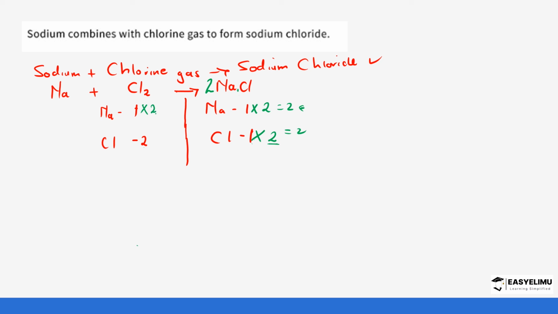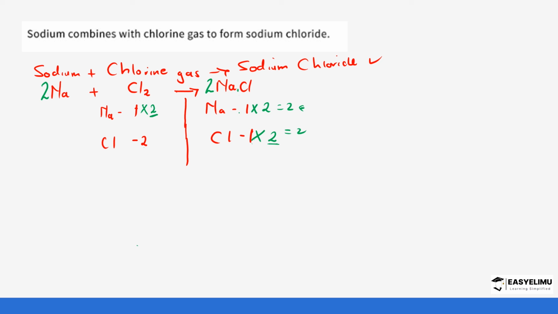So this also becomes a coefficient which we place where the compound of sodium is. And sodium is on its own, so we just put a 2 in front. And this balances out the whole equation.